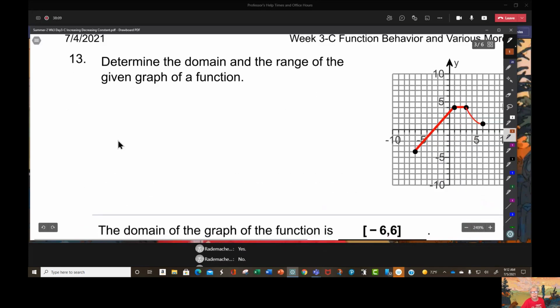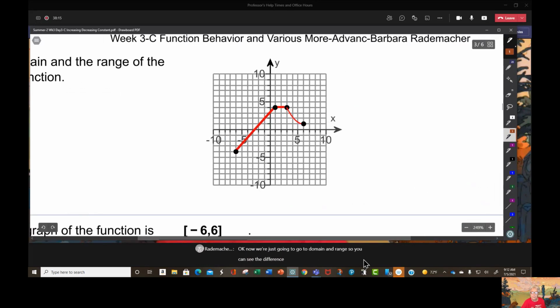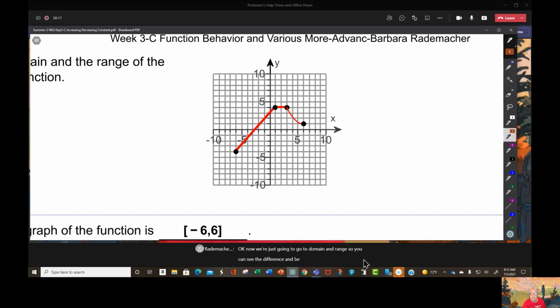Okay, now we're just going to go to domain and range so you can see the difference and be introduced to the concept of solid filled in holes as opposed to open holes. Well, we only have solid filled in holes here, and it looks for all the world like we're about to give increasing and decreasing intervals, but we're not.